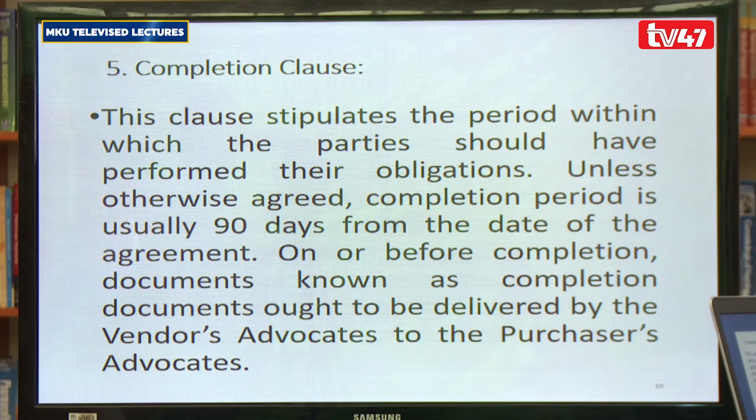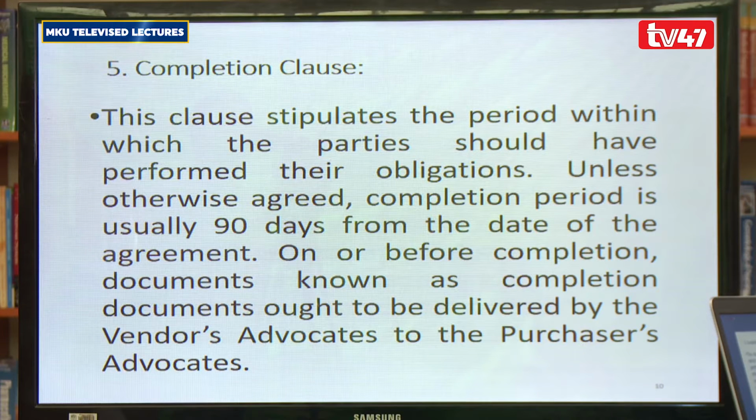Another important clause is what we call the completion clause, and this clause largely talks about how the parties will exchange the documents and the installments. It is normal that contracts for sale of land will usually provide for 90 days as the completion period.